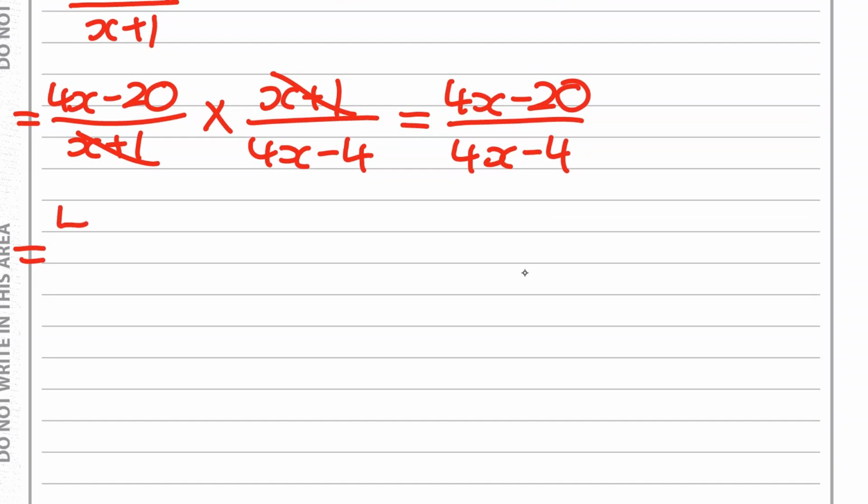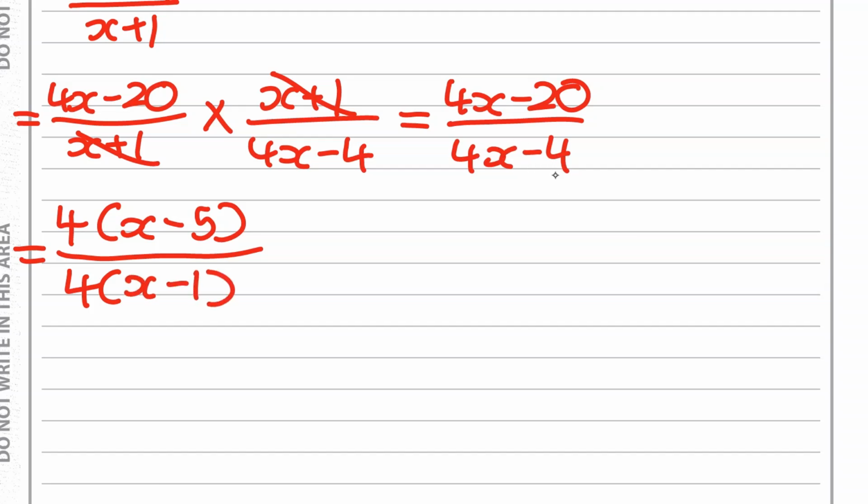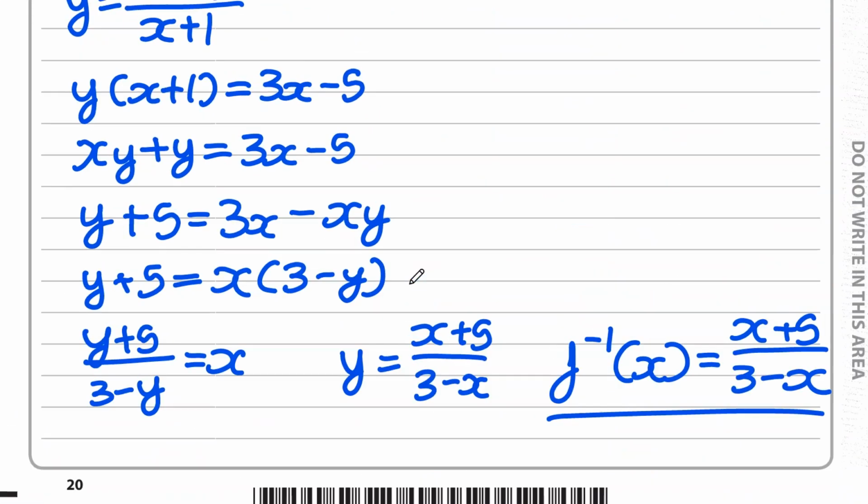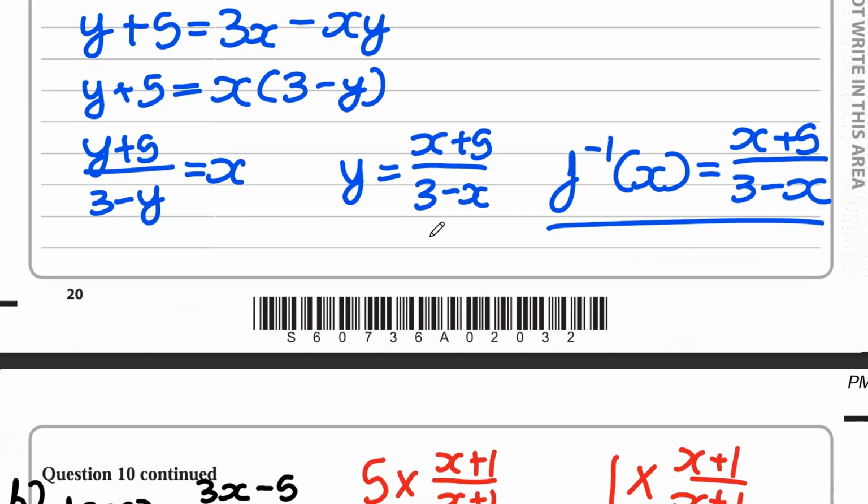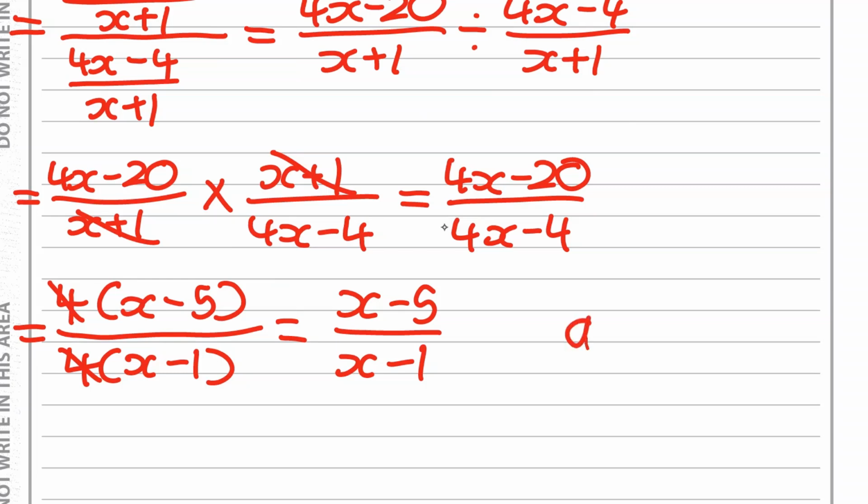So in the numerator it's going to be 4 times x minus 5, since 20 divided by 4 is 5, and this is over 4 times x minus 1, if you factorize out 4 from 4x minus 4. Then this 4 will cancel out with this 4 to leave us with x minus 5 over x minus 1, and this here is in this format where a is equal to minus 5, and this is the final answer.